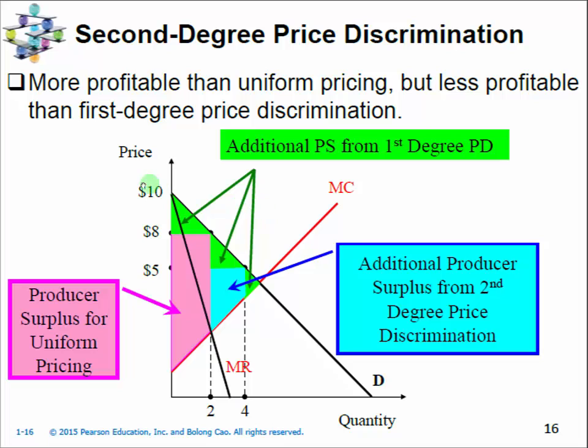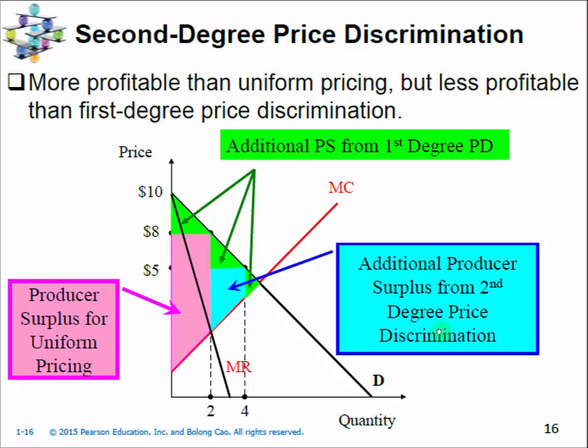In this picture, if we want to compare the block pricing result, so-called second-degree price discrimination, with uniform pricing and the first-degree price discrimination, or the perfect price discrimination, we'll see that the uniform pricing gives the smallest producer surplus, and here actually the deadweight loss is the largest for uniform pricing.